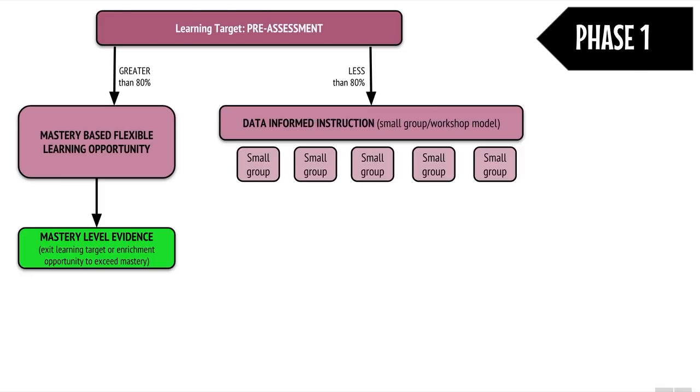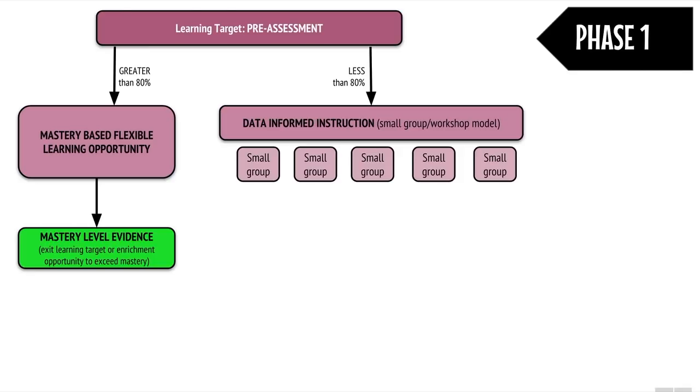And as you can see, I said 5 small groups. Doesn't have to be 5. It could be 3. It could be 4. Probably shouldn't be like 10 or 12. That's not manageable. But the teacher's going to look at the kids who need some instruction that's based around the data from their pre-assessment, and the teacher's going to intervene in small group instruction.